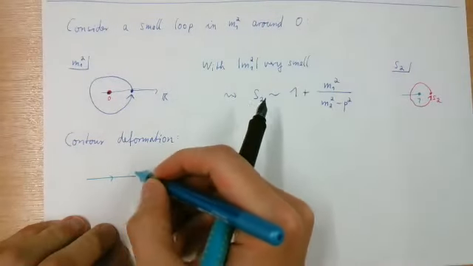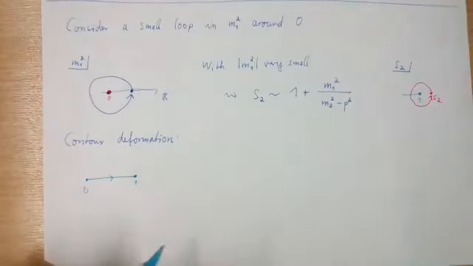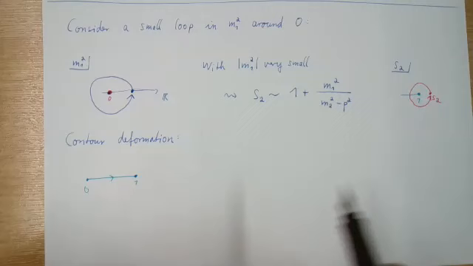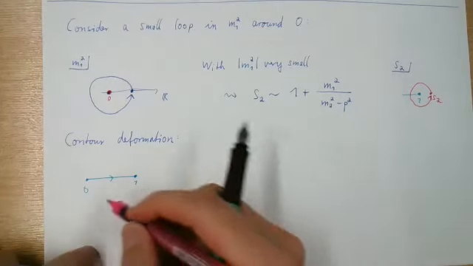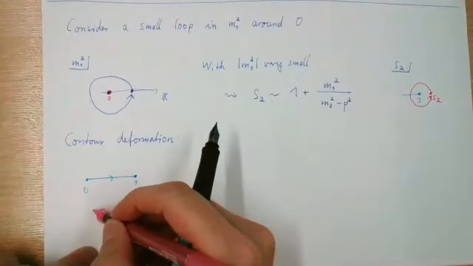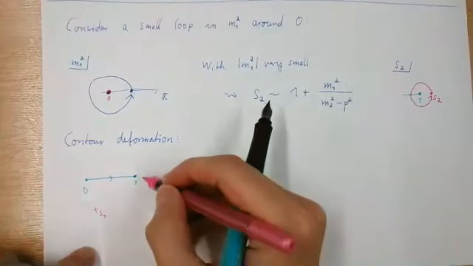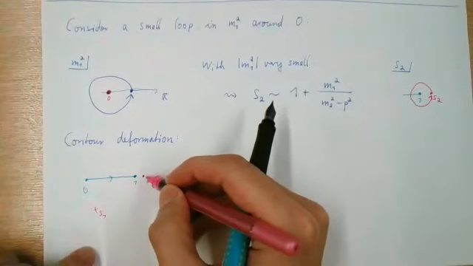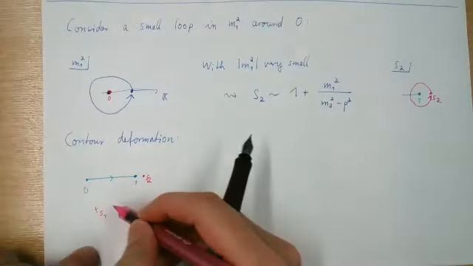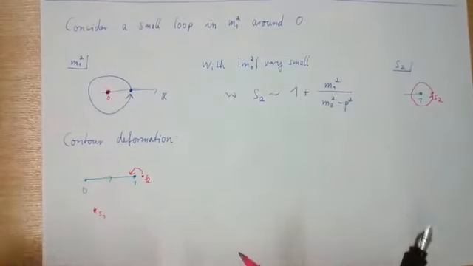So we start out with our initial integration path. For this whole situation, I don't really care where S1 is. You could work out where S1 is exactly, but it doesn't really matter. The point is S1 is somewhere, it doesn't concern us. What happens is that we have this S2 that wants to go around 1.